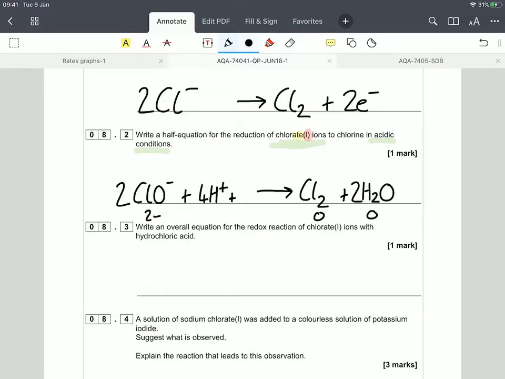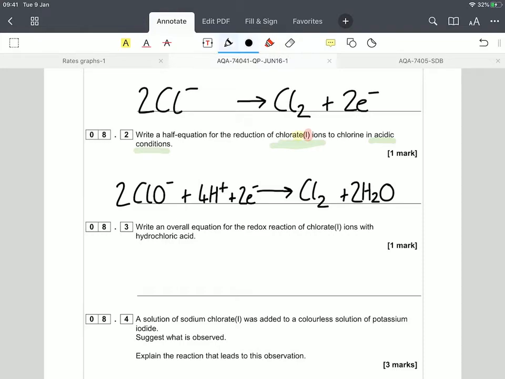We've got 2 minus and 4 plus on the left, which means we need 2 electrons, because we need another 2 minus, and the charges are balanced. Just another reminder about something I always teach: charges do not need to add up to 0 on both sides, they just have to be the same. Coincidentally, they often do end up being 0, like in this case, but they don't have to be. So I'll bin that bit to make it a bit tidier.